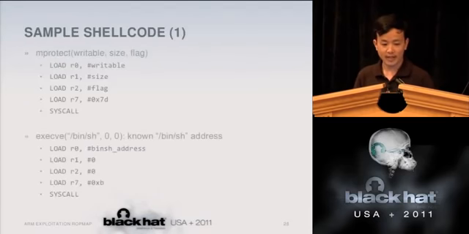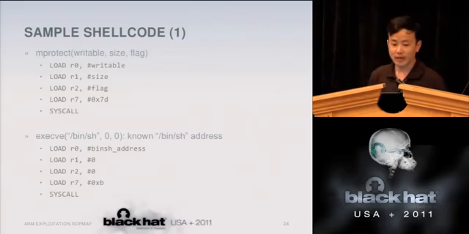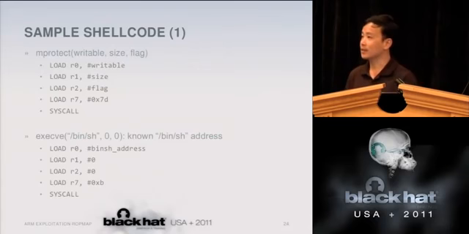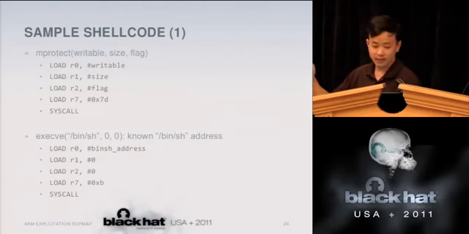Now, how to write shellcode in our defined intermediate language. Here we have some simple shellcode. For example, ARM mprotect, where we call memory protect on the writable address with the size and with the flag.